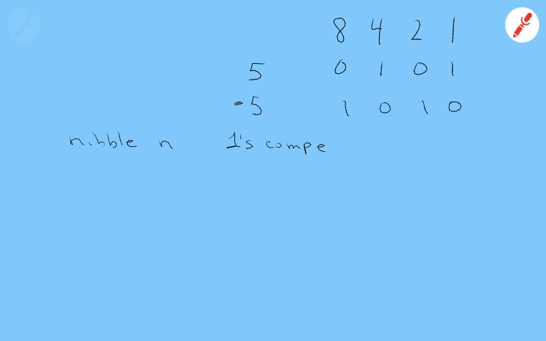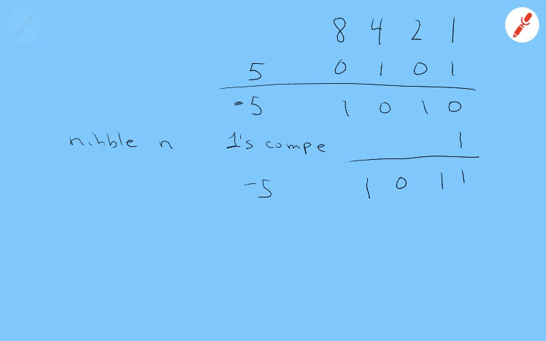So the ones complement is the first step. And then we're going to add 1 to the ones complement. So let's add 1 to the ones complement. 1 plus 0 is 1. There's 1, 0, and 1. Okay, so I'm claiming that this bit pattern, 1, 0, 1, 1, is negative 5.